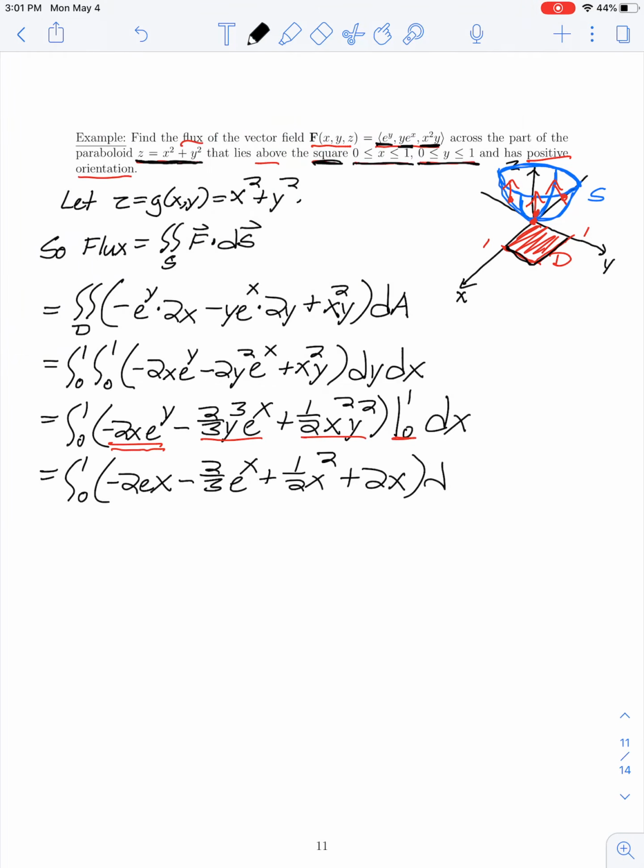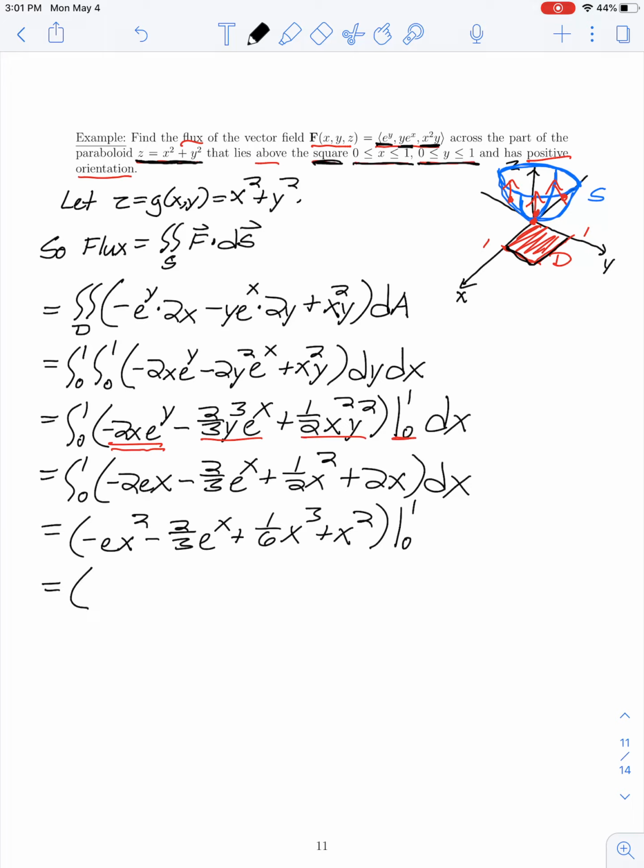So we just have that plus 2x term. And now we integrate with respect to x, and we have, for our antiderivative, negative e times x squared minus 2/3 e to the x plus 1/6 x cubed plus x squared, evaluating from 0 to 1.